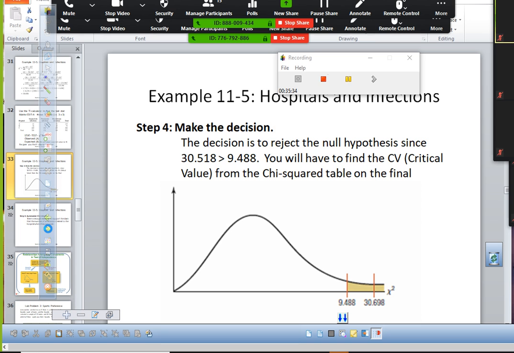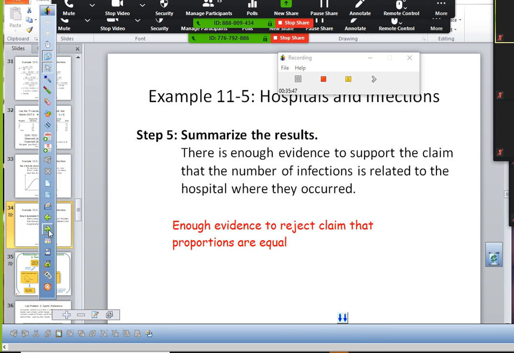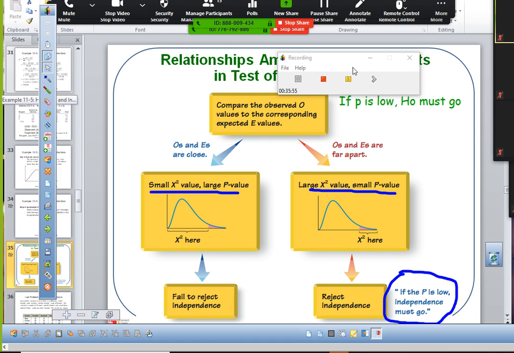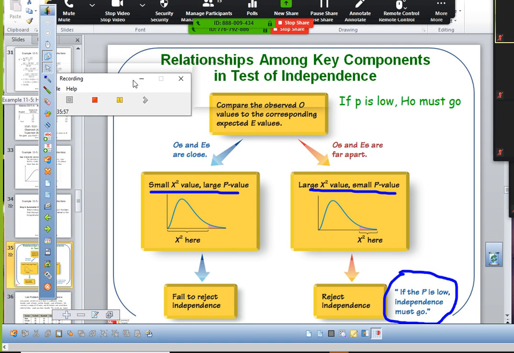This one here, step 4, and then summarizing the results. Just to give you a heads up, one thing you might notice is that when your chi-squared value is really small, your p-value is really big.